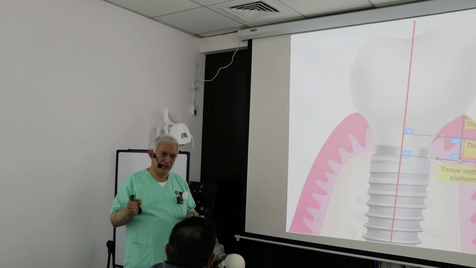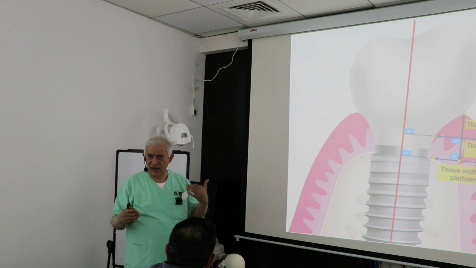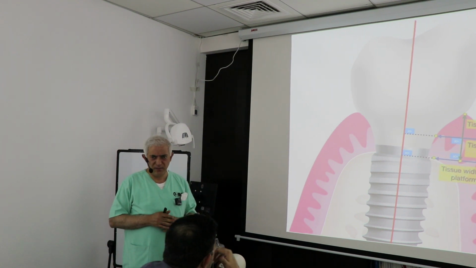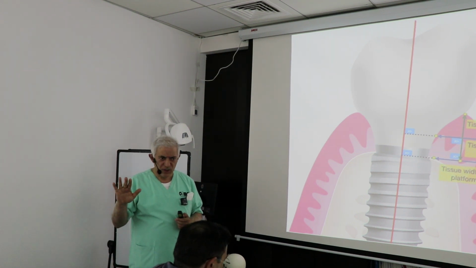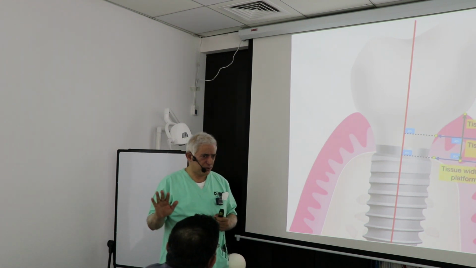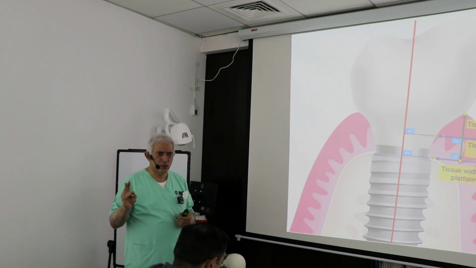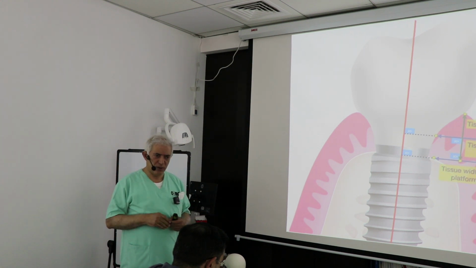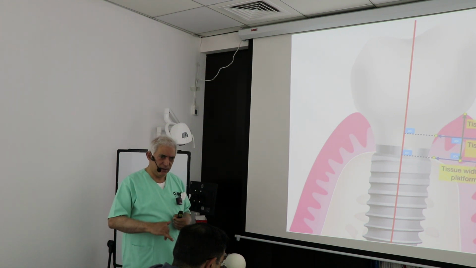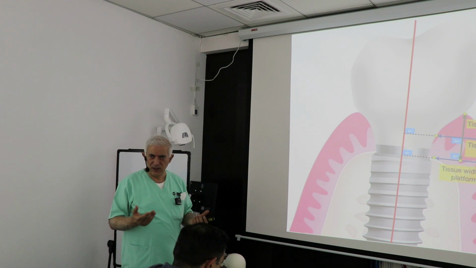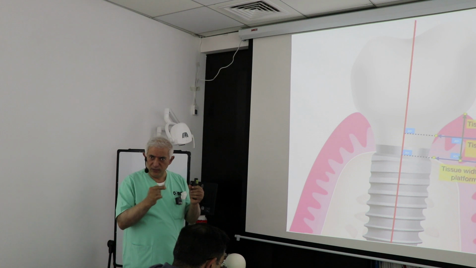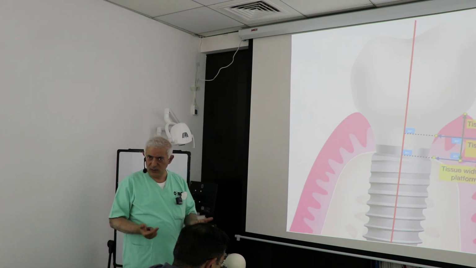After 20 years, I changed it, it was full of calculus and he was not brushing. His wife told me, this patient, my husband, doesn't brush, by the way. He just rinses with water. He doesn't want to brush. He's old and he's not interested. Okay, I saw there was calculus, we cleaned it. Again, in 1 month there was calculus. The gum has receded, so there is room for the food to go and calculus to form.